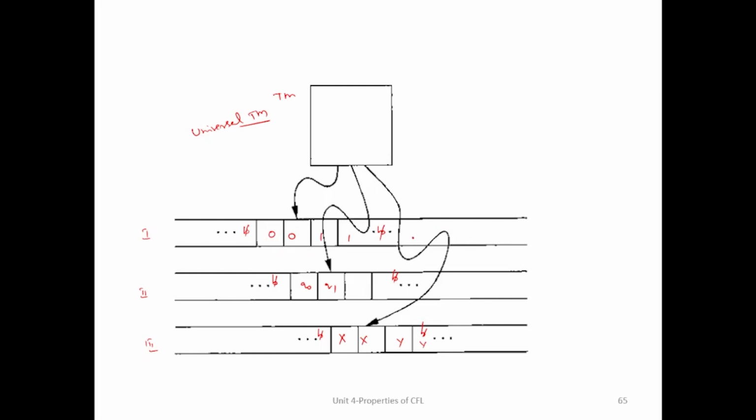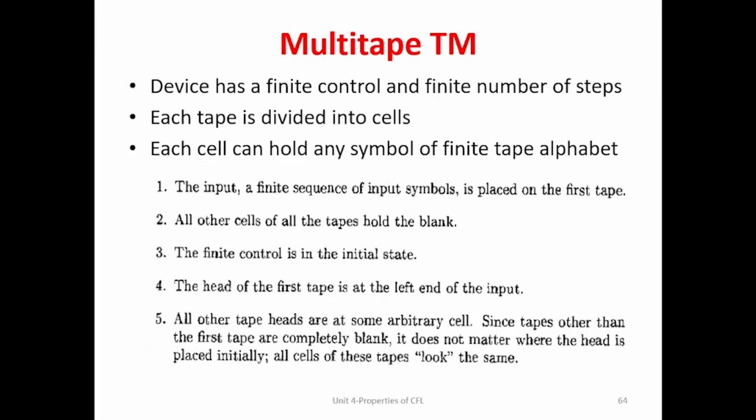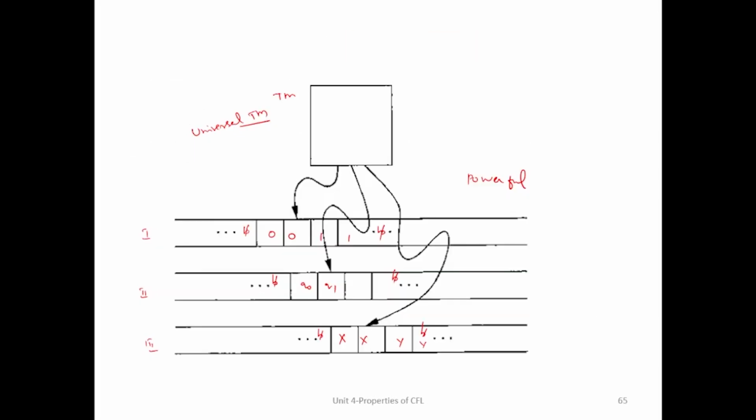This type of multi-tape Turing machine is more powerful than an ordinary Turing machine because the finite state control can read more than one tape at a time. Using this, the multi-tape Turing machine is mainly used for the construction of the universal Turing machine.